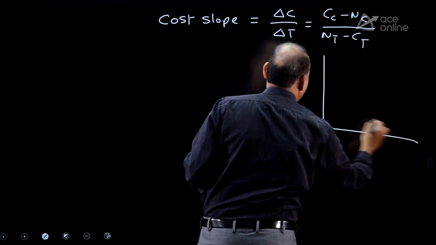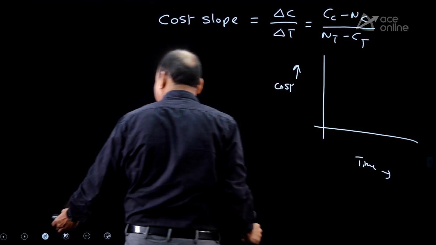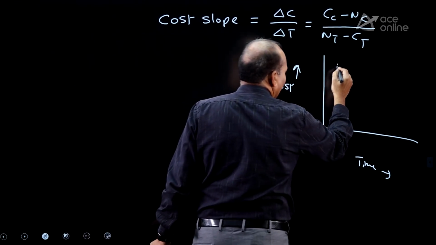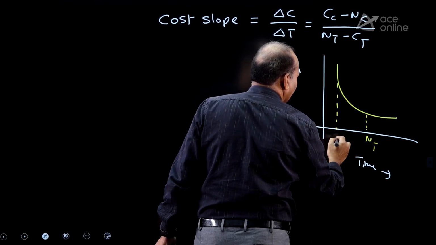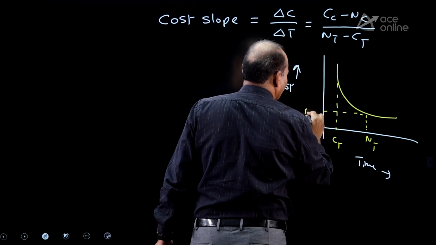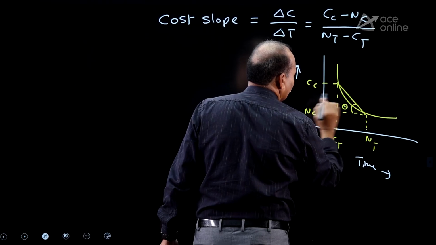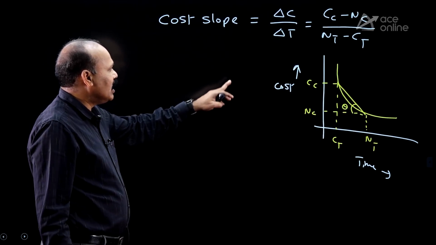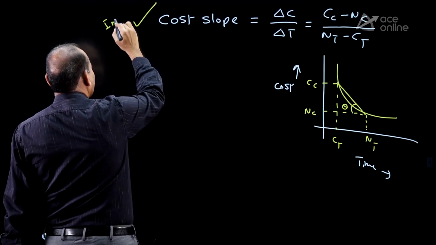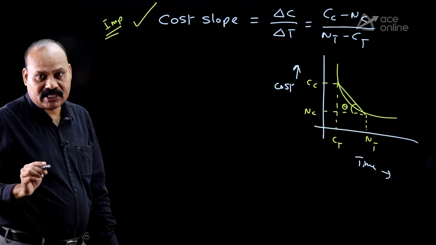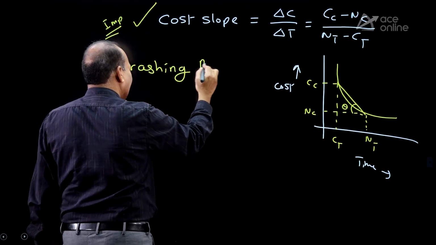So this diagram, cost versus time: normal time, crash time, normal cost, crash cost. This is the cost slope. Cost slope is equal to delta C divided by delta T, and this formula is important. Next, the crashing procedure. When you are performing crashing, remember two things.